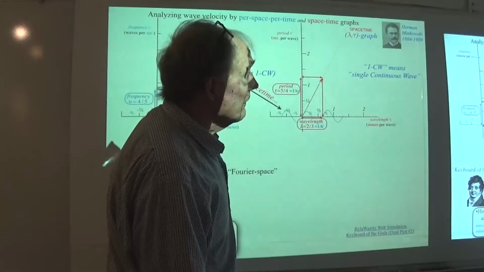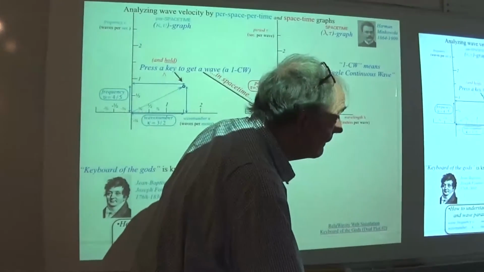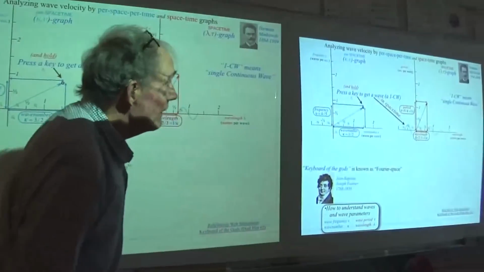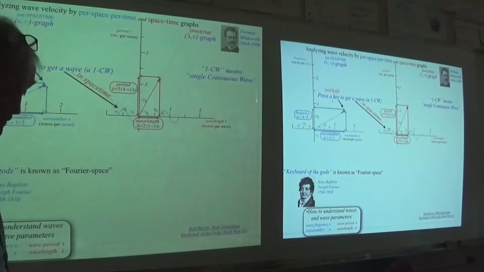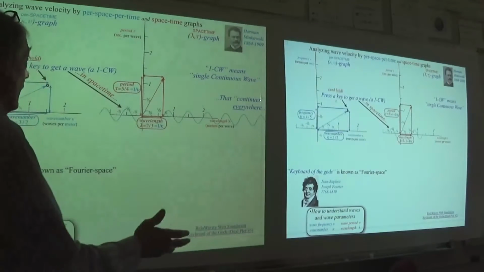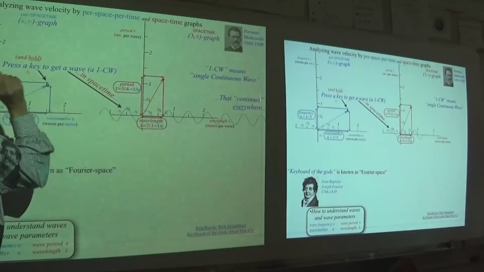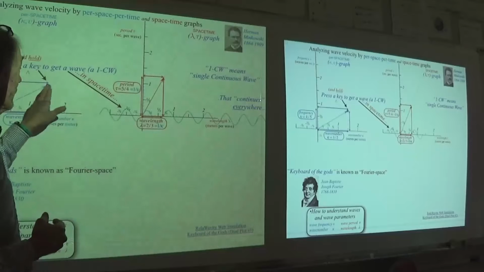Okay, that's what I'm after here, and I want that wave to go everywhere, and that's important. It continues everywhere. If this is really a perfect keyboard of the gods, I'm talking about no uncertainty in that thing.